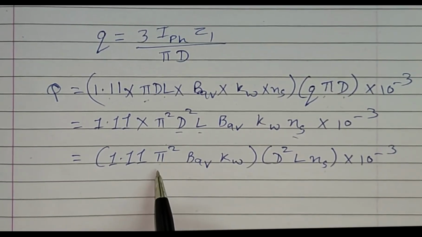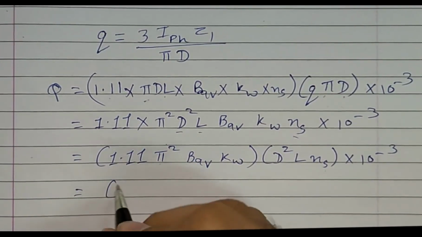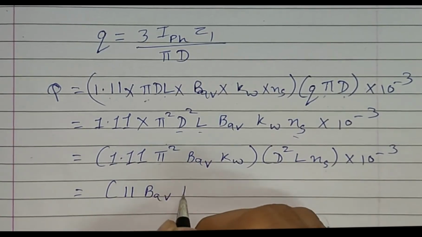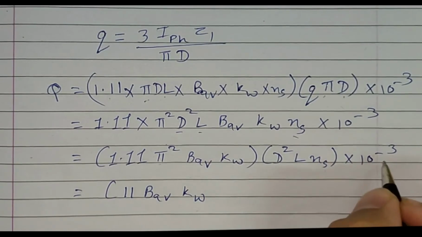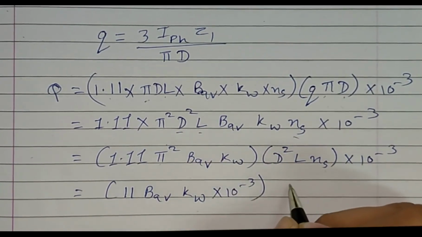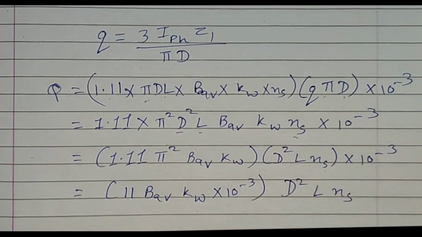Now if I multiply pi square with 1.11, I get 11 into BAV into KW. I'll also take the 10 raised to minus 3 here itself, and this is multiplied with D square L NS.